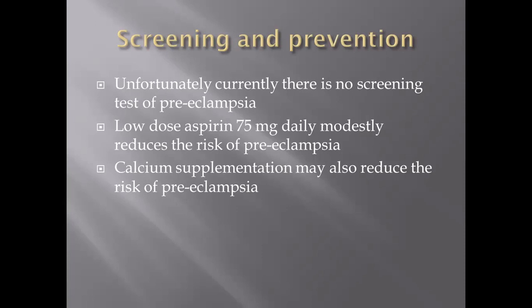So if a patient has a history of preeclampsia in a previous pregnancy, we have to start her from the start of pregnancy on low-dose aspirin to reduce the risk of preeclampsia in this pregnancy. And third, calcium supplementation may also reduce the risk of preeclampsia. Also, its role is not highly specific.